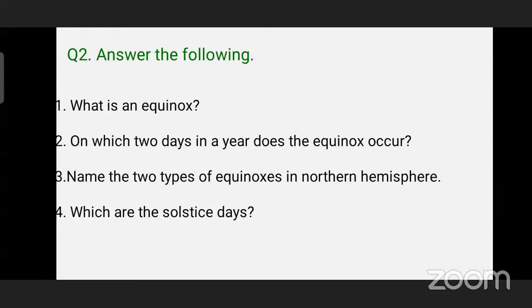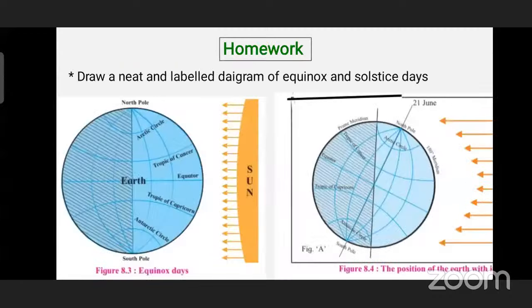Okay, students. Now I will give you some homework for this session. Here you can see the first figure is of equinox days and the second figure is of solstice days. So here this second figure is half. In your textbook you see the full figure. There are two positions of earth.